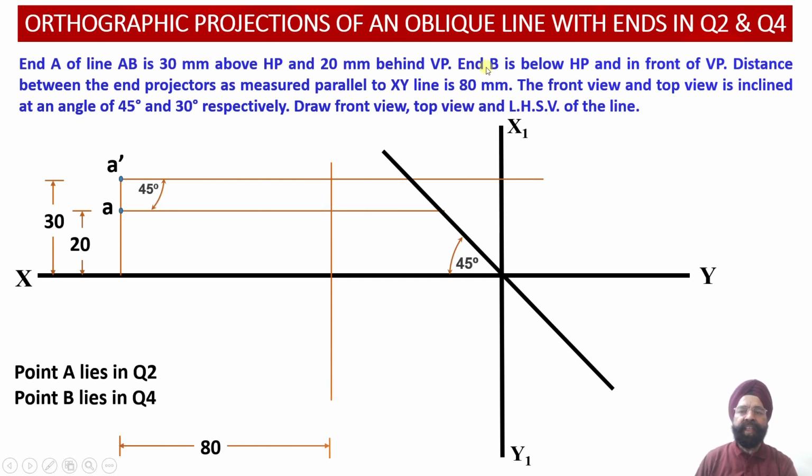Now we are provided with the information that the front view and the top view projections are inclined at an angle of 45 degree and 30 degree respectively with respect to the XY reference line.